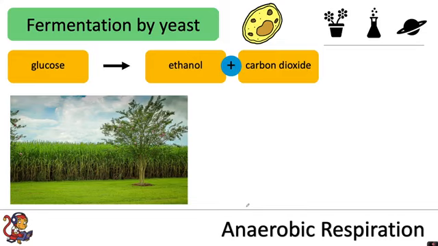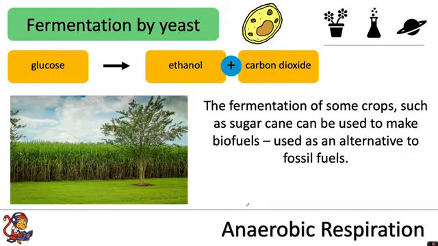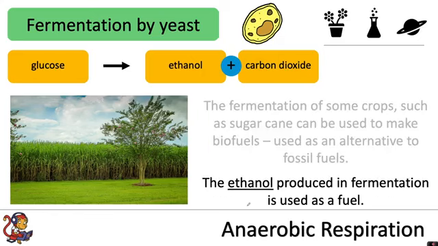As well as the alcohol and baking industry, fermentation by yeast can also be used in the production of some fuels. The fermentation of some crops, such as sugarcane, can be used to make biofuels, used as an alternative to fossil fuels. The ethanol produced in fermentation is used as a fuel.